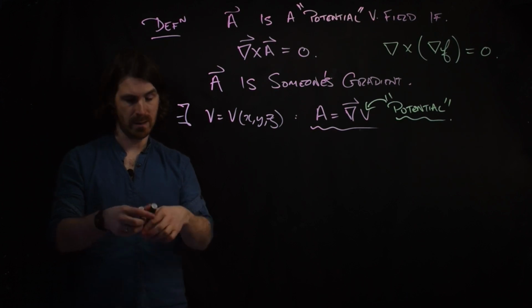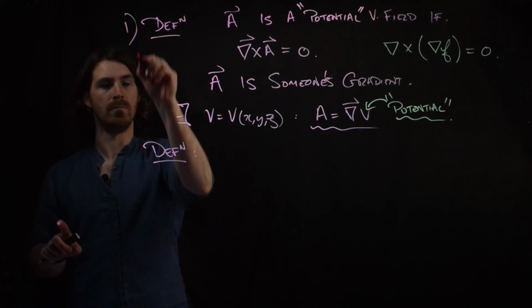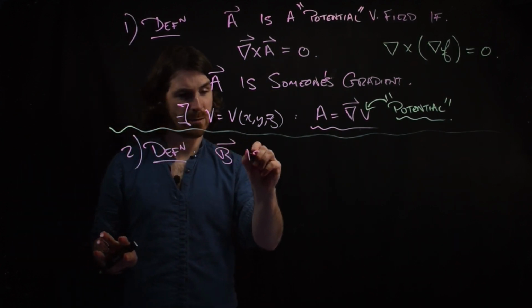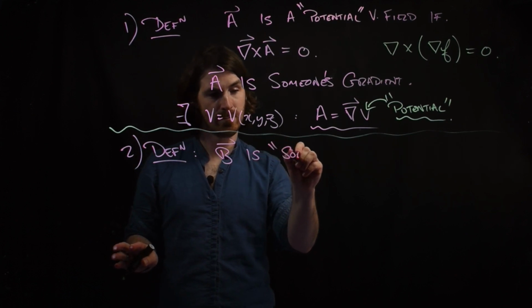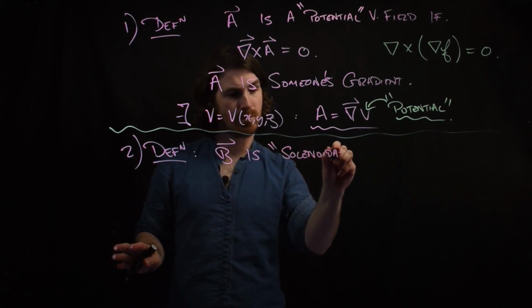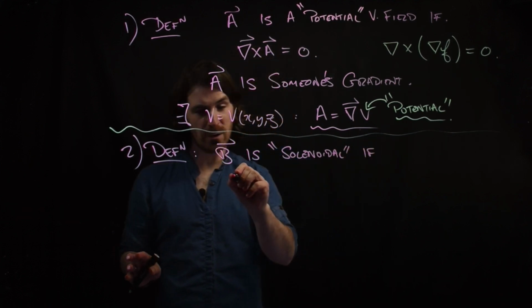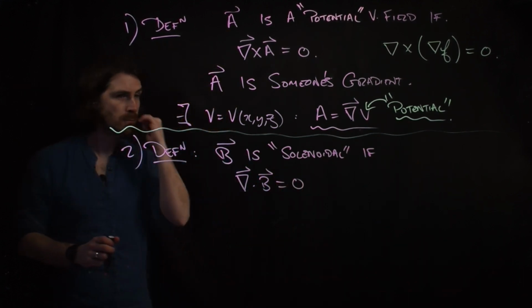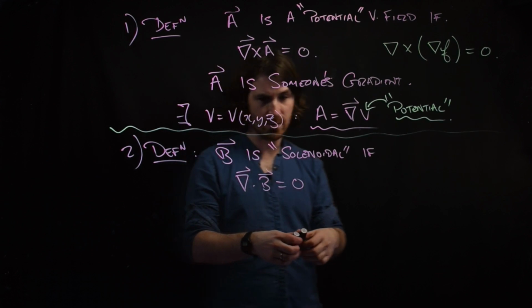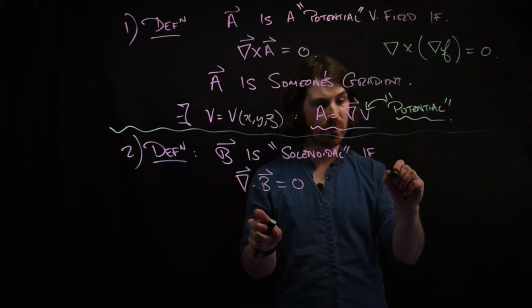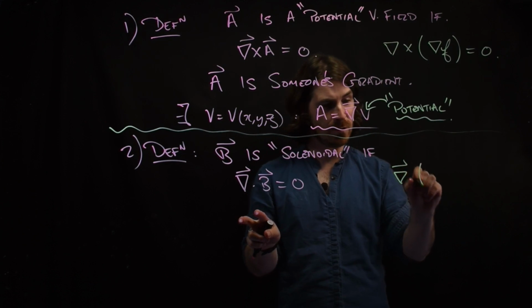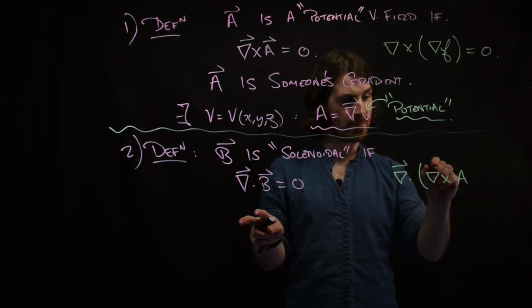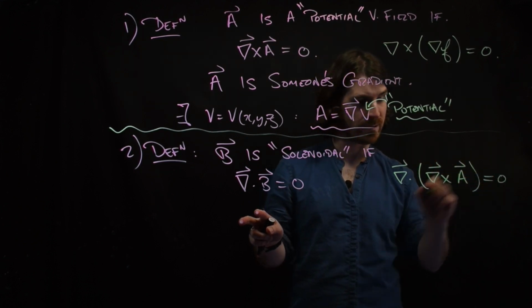A second definition is that B is called solenoidal if the divergence of B equals 0. Analogously, in the section before, we saw that the divergence of the curl of a vector was equal to 0 identically.